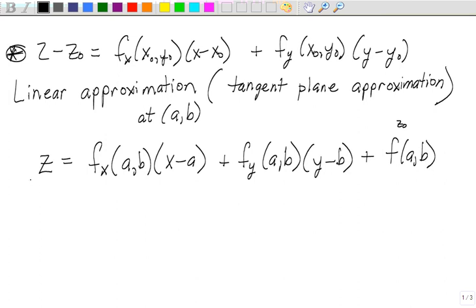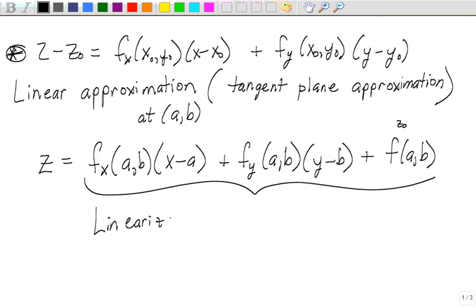So we're going to take this and we call this the linearization of f at the point (a, b), and we're going to call it L of x, y.